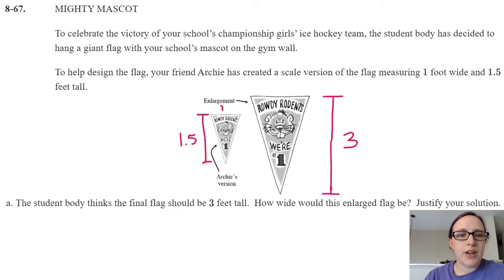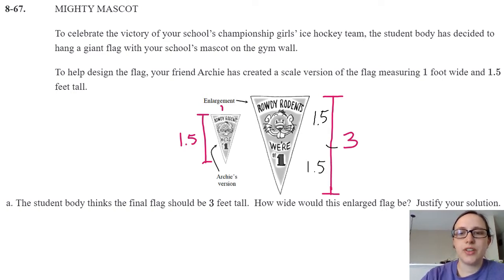And the student body thinks that the final flag should be 3 feet tall. So I already kind of made a measurement. We want this larger flag to be 3 feet tall. How wide would this enlarged flag be? Okay, so we have to ask ourselves, how many times does 1.5 go into 3? If you said 2 times, that would be right. It's 1.5 plus 1.5 equals 3.